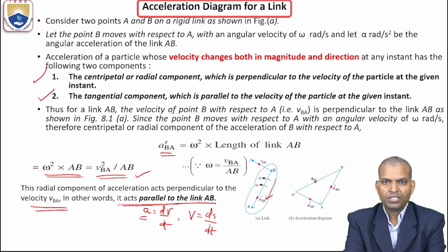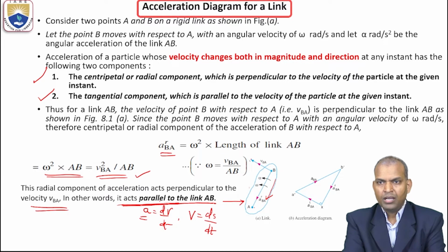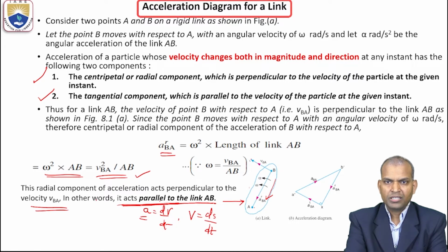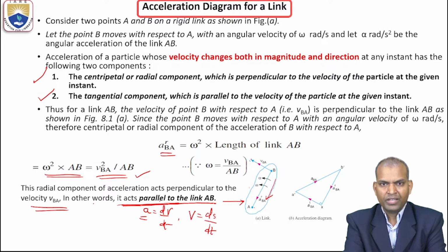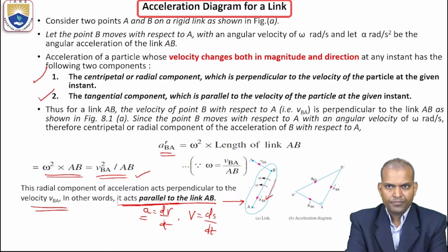Very, very important: parallel to the link AB is related to the configuration diagram. Perpendicular to the velocity VAB is related to the velocity diagram.